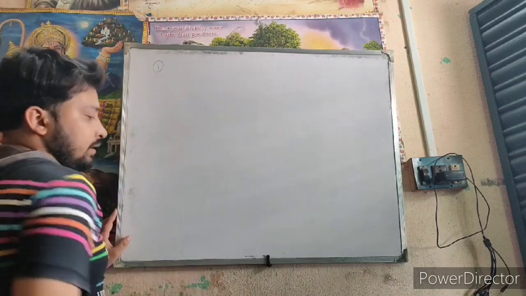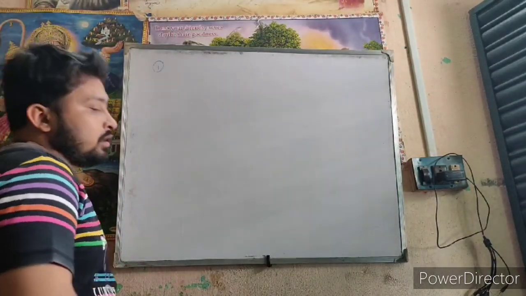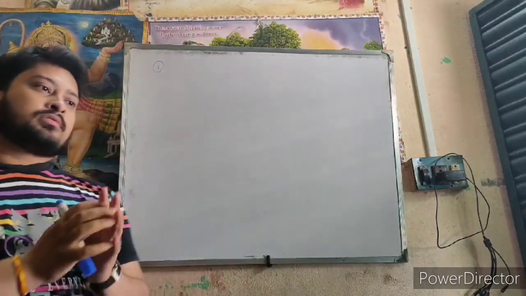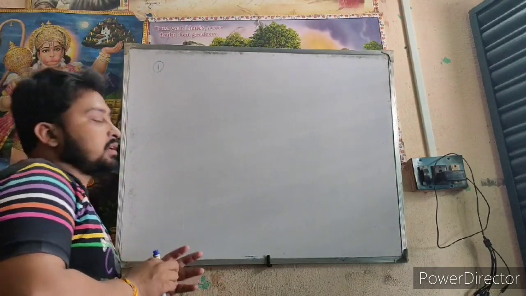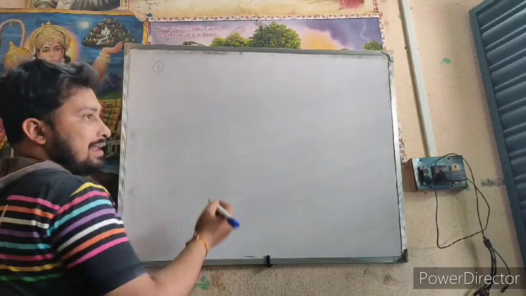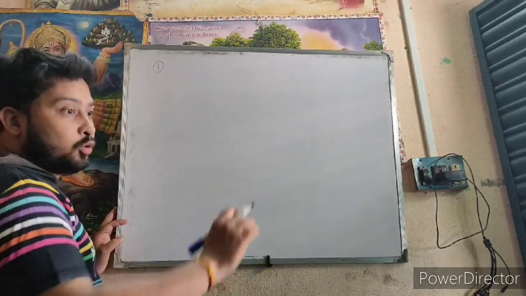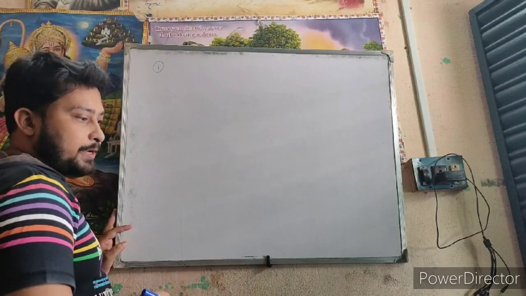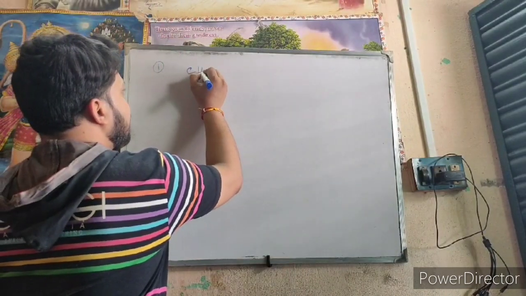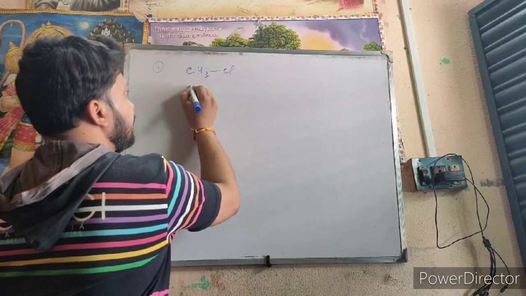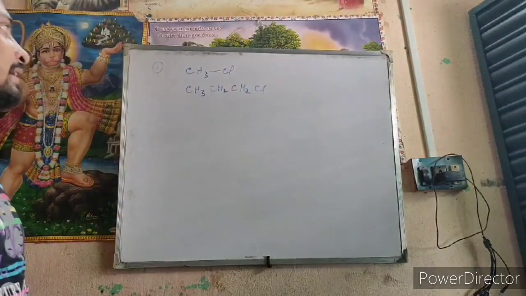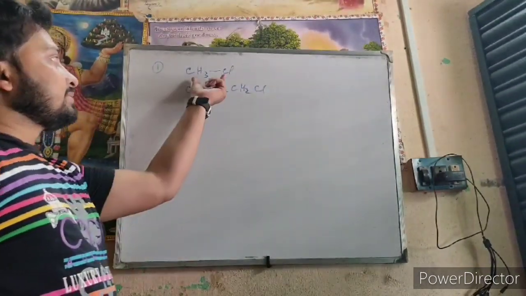One is state. The state mainly depends on the mass. With the increasing of mass, higher haloalkanes and haloarenes are liquid or solid, and lower haloalkanes and haloarenes are gas. Just like CH3Cl and CH3CH2CH2Cl.